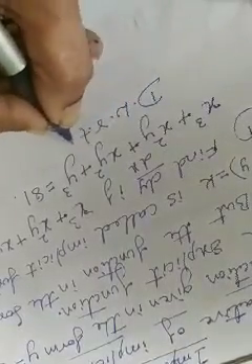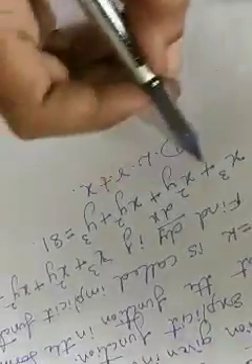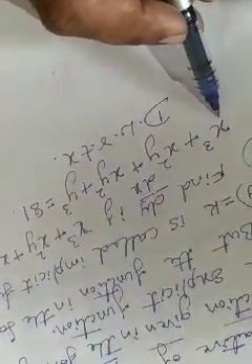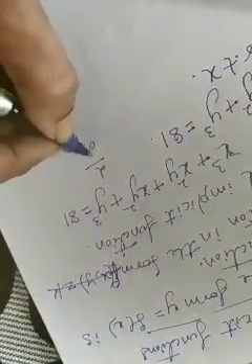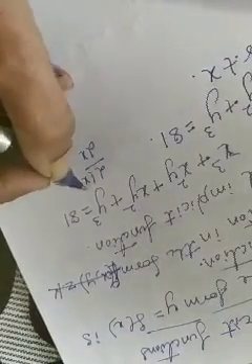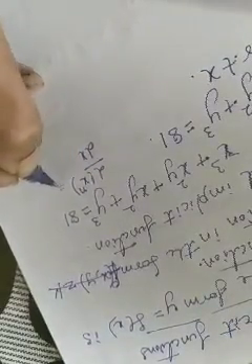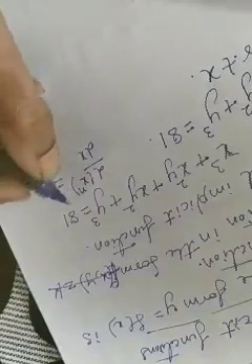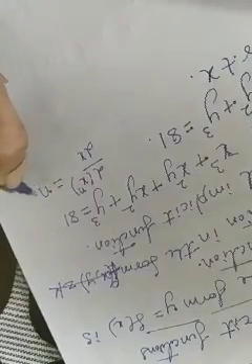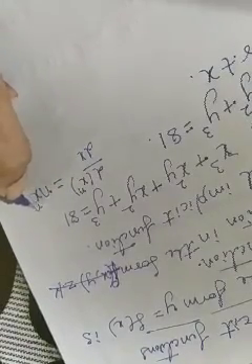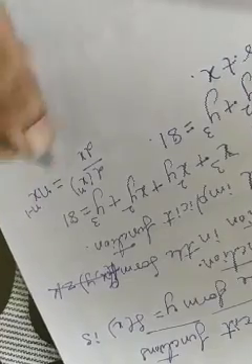Differentiate with respect to x. What is the derivative of x cube? We have to apply the formula d by dx of x raised to n, which is n x raised to n minus 1.